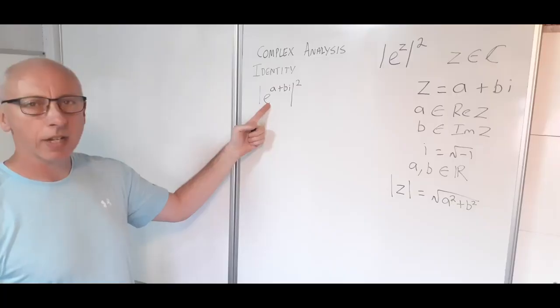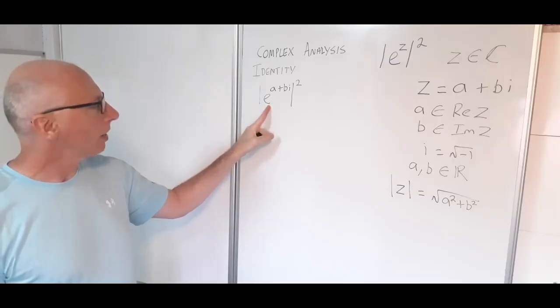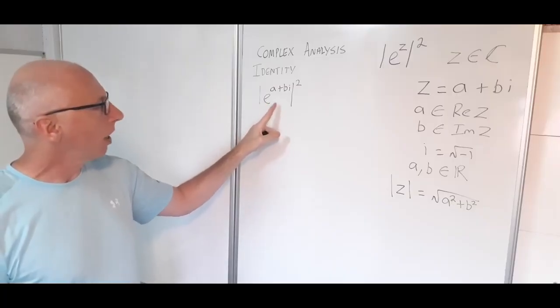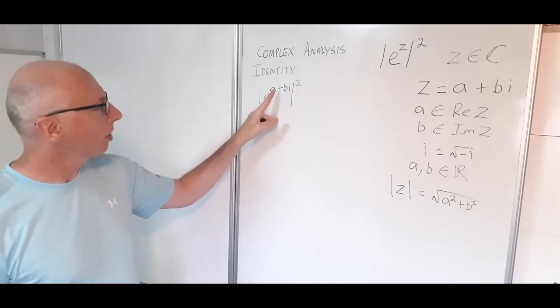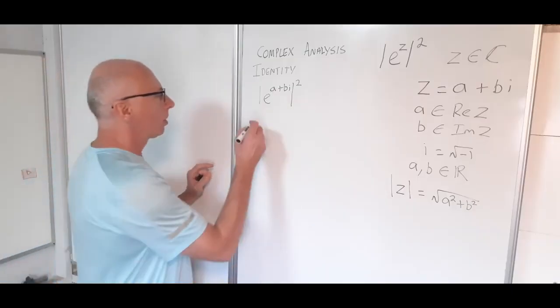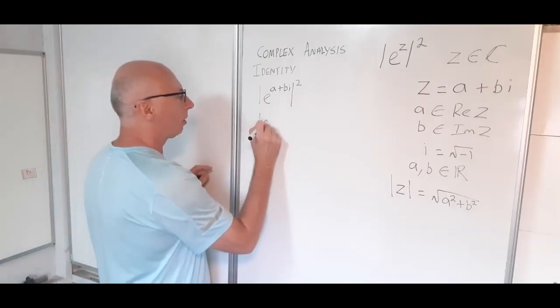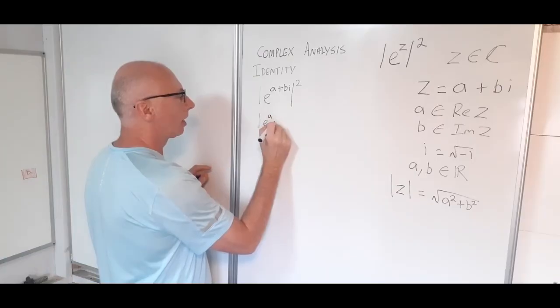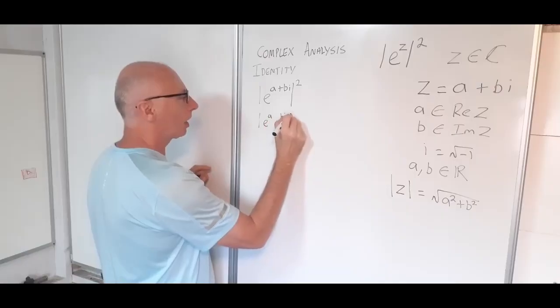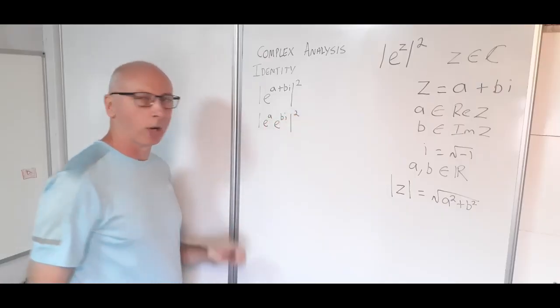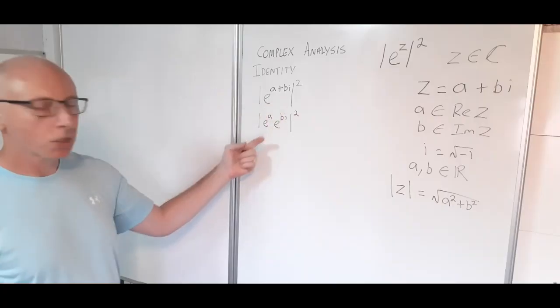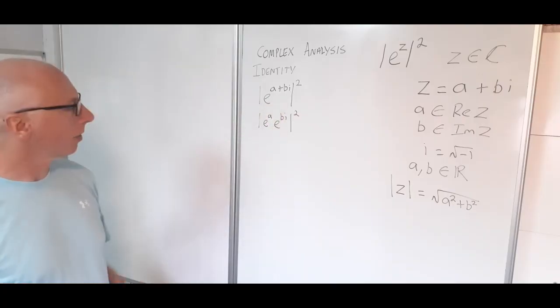Now as this is an exponential, that's a standard function, by the identity of exponentials I can split that into 2. So now I've got the modulus of e to the a, multiplied by the modulus of e to the bi, and then squared. So that is just by algebra, I can do that.